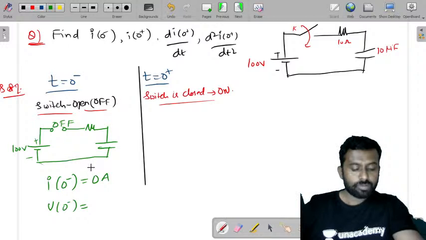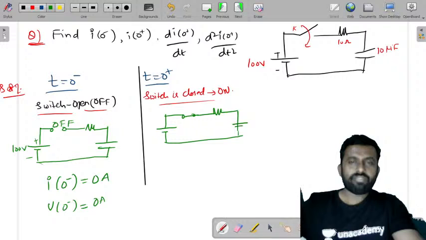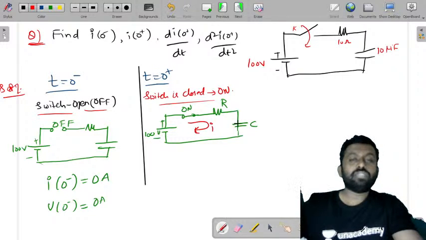Now when you just switch it on, you have this connected, with the capacitor C and the resistor R, and you have 100 volts. Because it is a closed circuit and the capacitor does not allow a sudden change of voltage, it will behave as a short circuit whenever there is a transient or a switching operation.